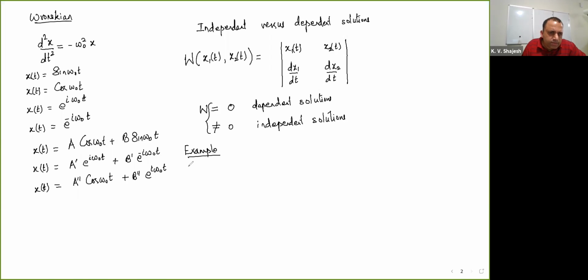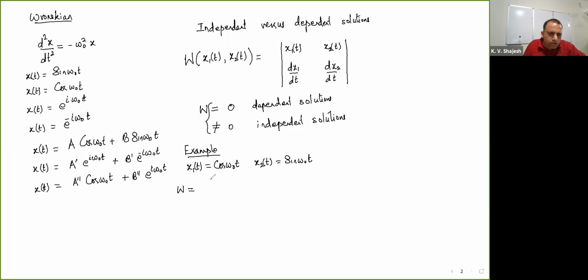So let's say x1 of t is cosine omega naught t, and x2 of t is sine omega naught t. Good. And what's the Wronskian then?